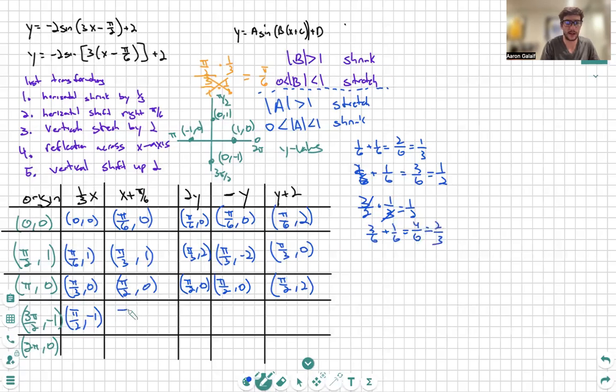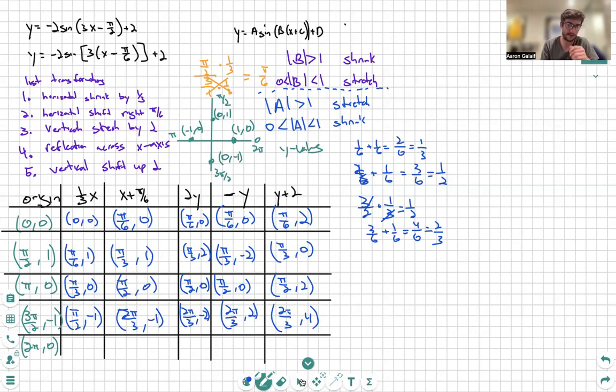Add the pi. 2 pi over 3, -1. And then we're going to multiply the y by 2, 2 pi over 3, -2. Flip our y sign, add 2, 2 pi over 3, 4.